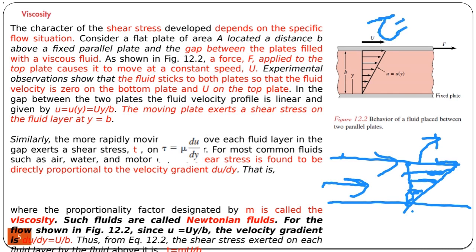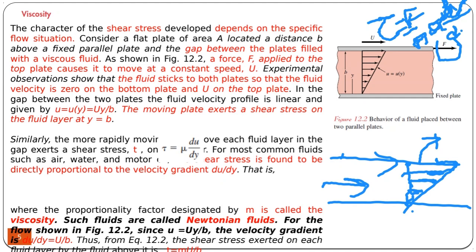is proportional to the velocity gradient. The velocity gradient is du over dy, the slope of this curve. The slope of this curve is actually du over dy, and the shear stress is proportional to it.